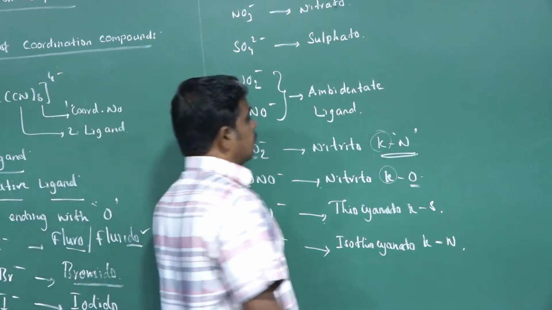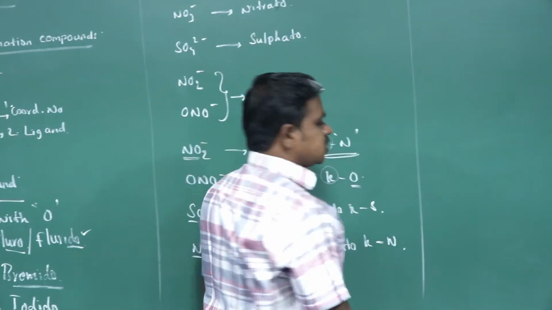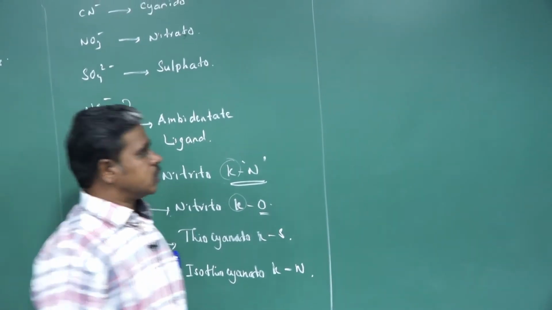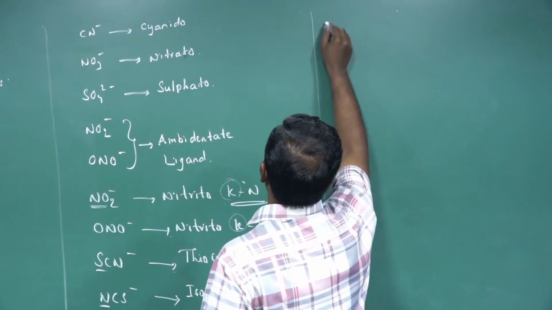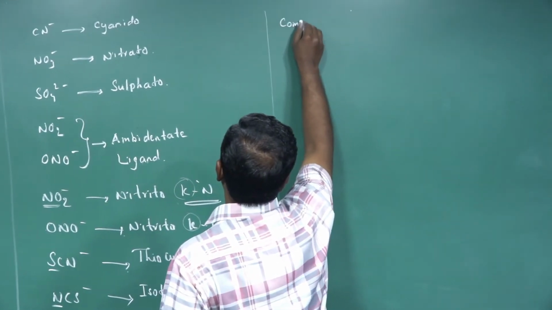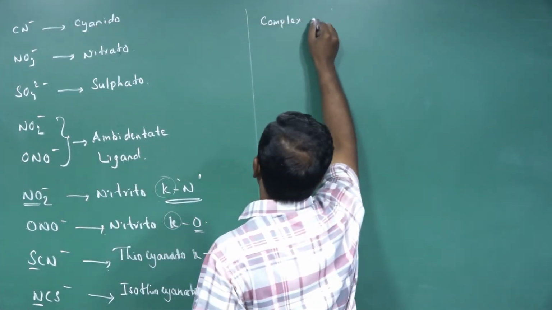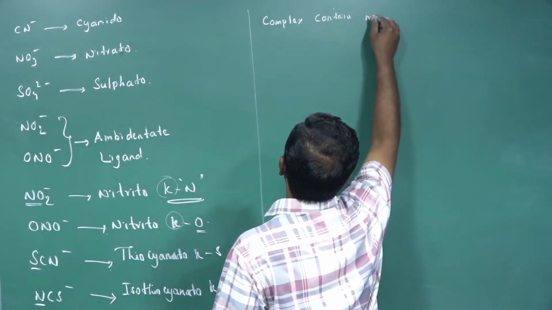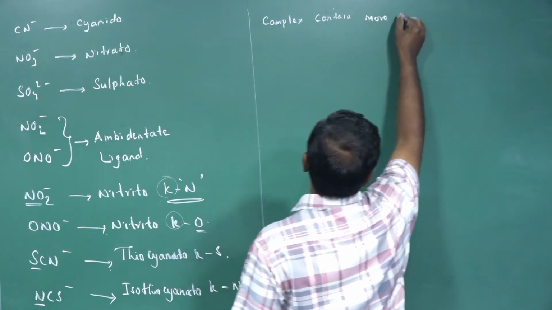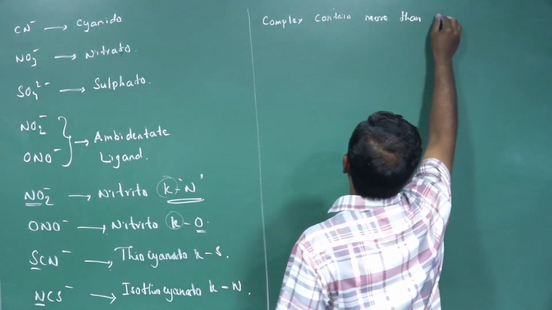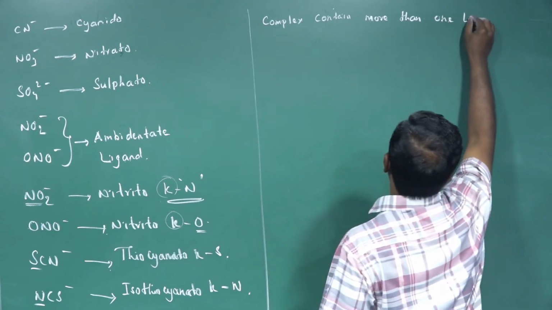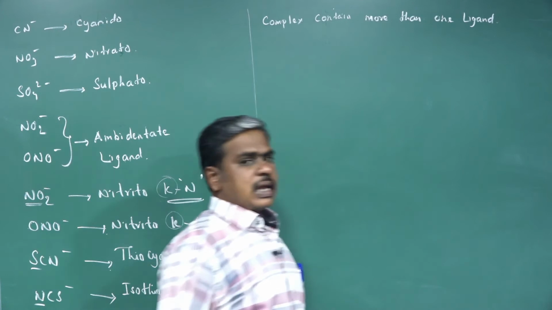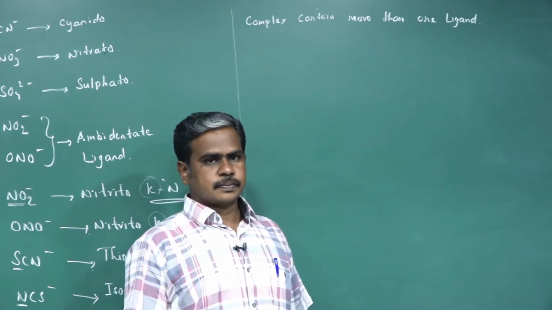And if a complex contains more than one ligand, then we name them in alphabetical order.